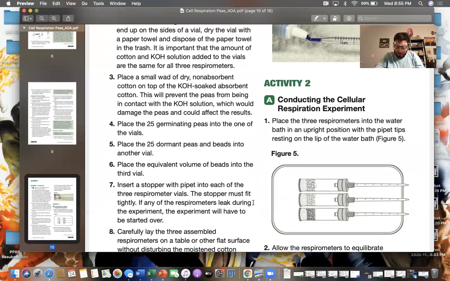We'll grab our dormant peas and beads. They will go into the other.